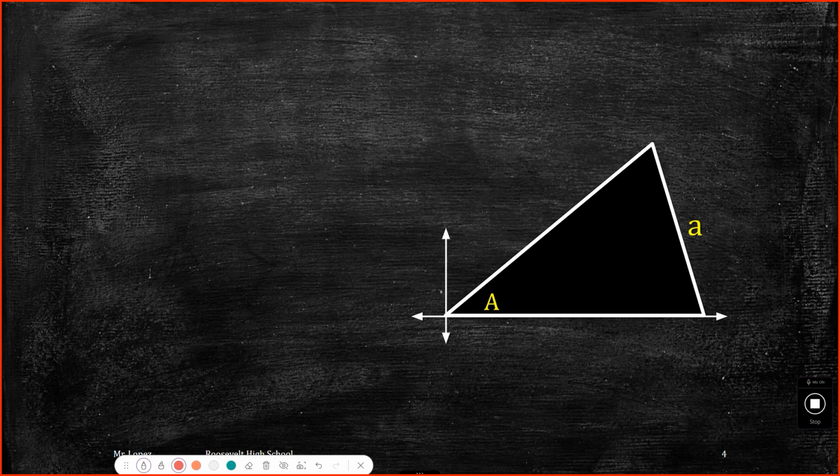So if this is C, then the opposite of capital C is little c. And the angle at the top is capital B, and opposite over here is little b.